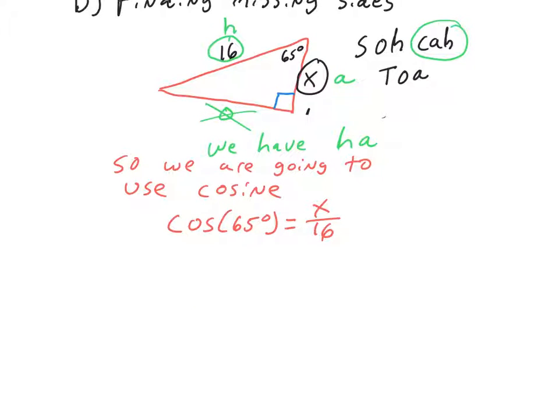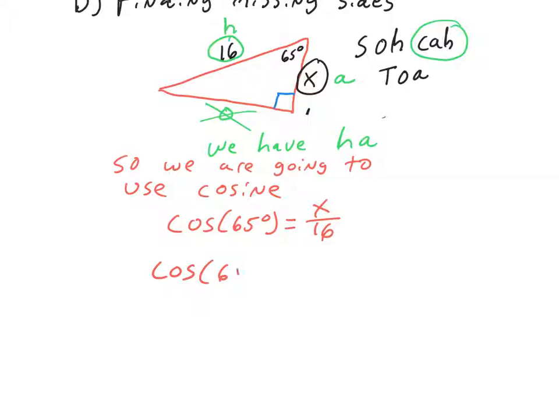So first thing I want to do is cosine of 65 on my calculator. You have to use a calculator for this or it's not going to be very easy. So I'm going to cosine 65 and I get 0.42261. So let's write this down.